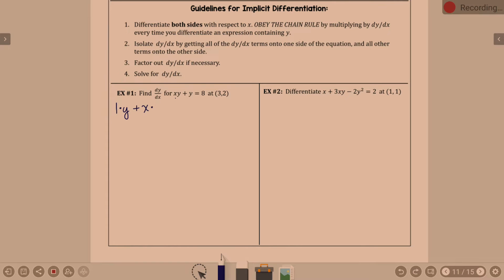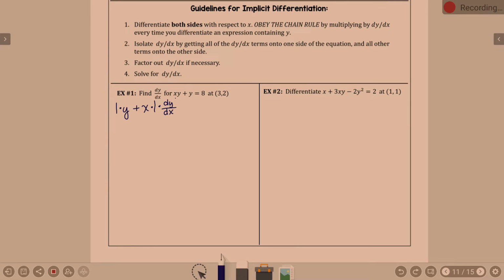What is the derivative of y? It is 1 times dy/dx, because we just took the derivative of a y term. Do I have to write that 1 in there? No, but we're beginners here.